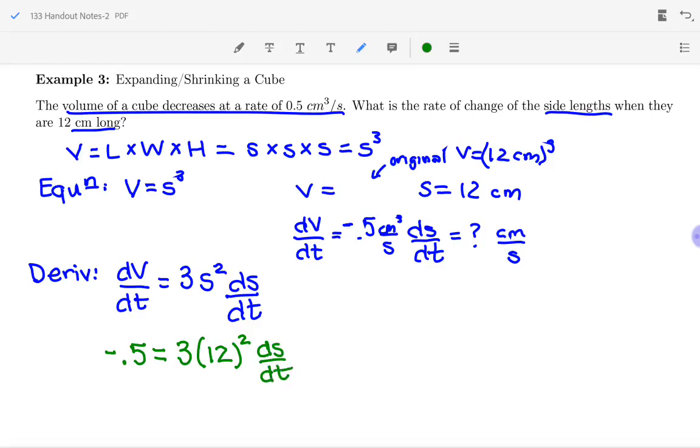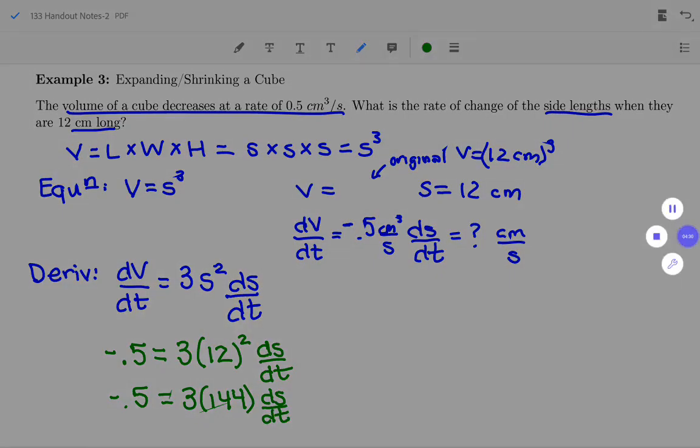The important thing with plugging in here is that we need to do PEMDAS. We're going to square before we multiply. So we're not going to do 3 times 12 and then square it. We're going to do 12 squared first and multiply that by 3. So we have negative 0.5 equals 3 times 144, doing that squaring first. Grab your calculator and see what you get.